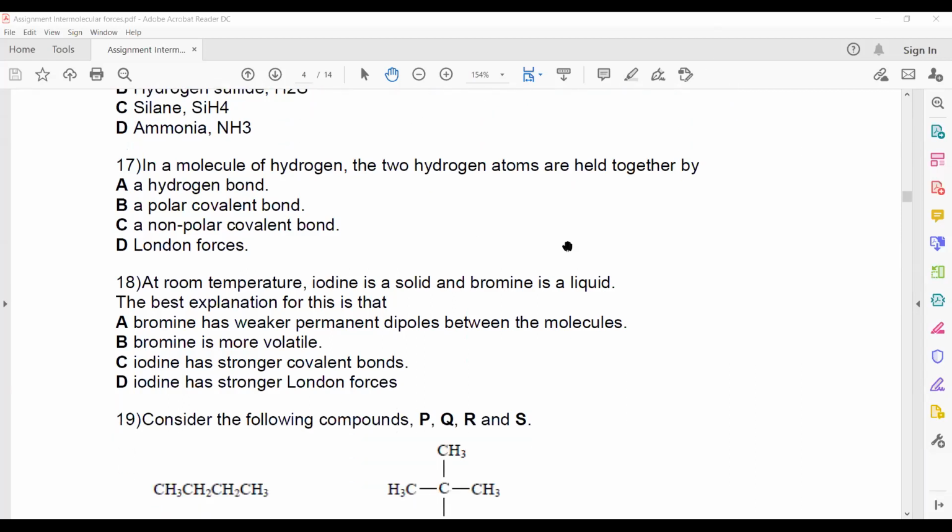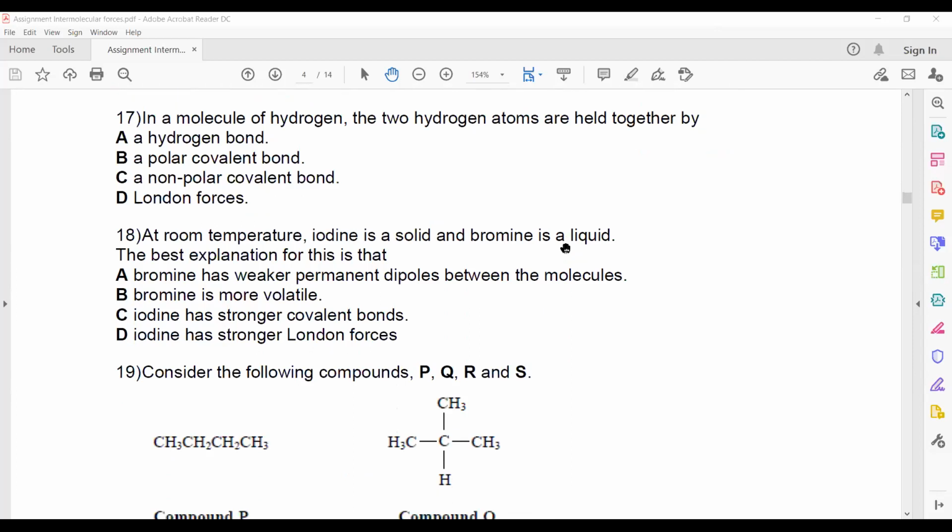Question 17. In a molecule of hydrogen, the two hydrogen atoms are held together by what? Two atoms of hydrogen.